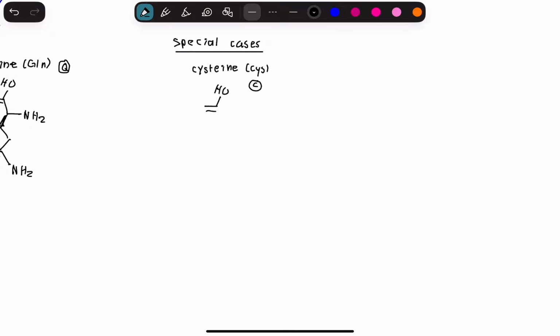Bond here, you have a double bond to O, and then you have NH2. Here you have SH, at a pKa of 8.14. Here you have a pKa of 10.28, and here you have a pKa of 1.91.